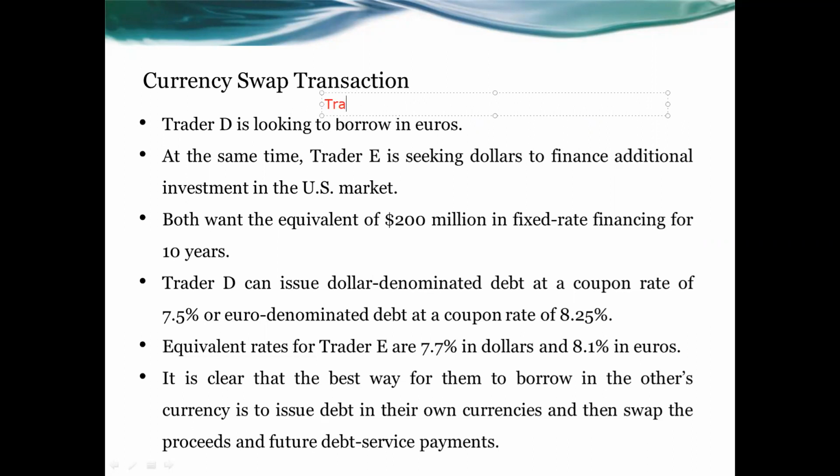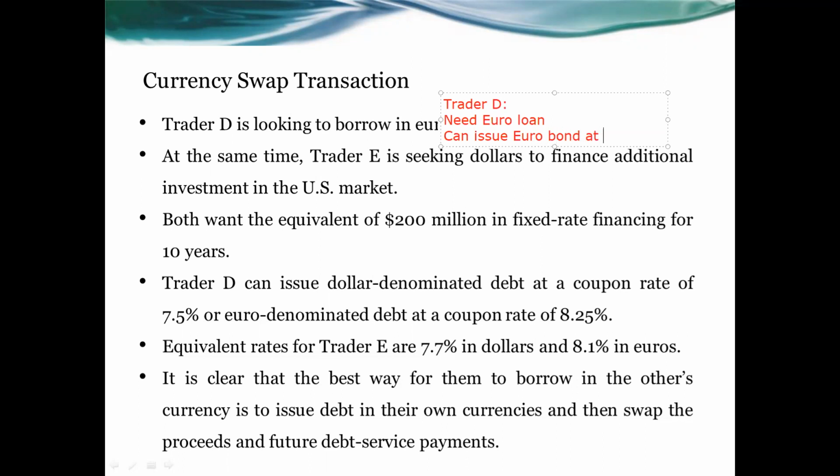Here is trader D. Now, what does trader D need? He needs a euro loan, a euro amount of loan. And he can issue a euro bond.